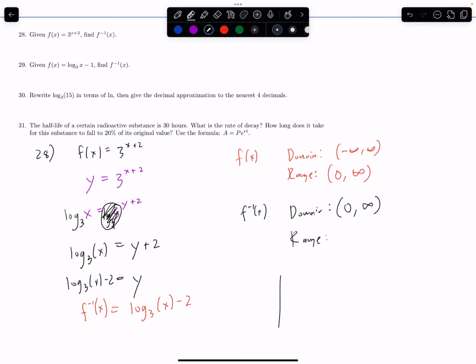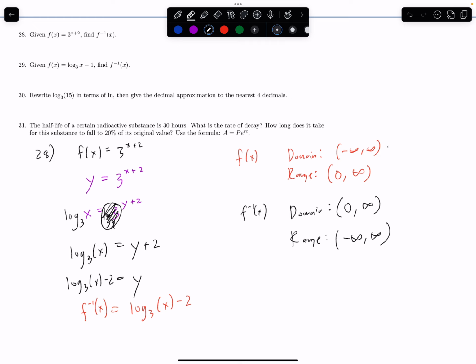Well, the log function looks something like this, right, in general? Normally it passes through the point 1, 0, and it goes like this. But this one is shifted 2 down, so it's going to go through this point instead, like this. But still, it's going to go up forever. So eventually you're going to catch up to where you would have gotten, and you get negative infinity to positive infinity.